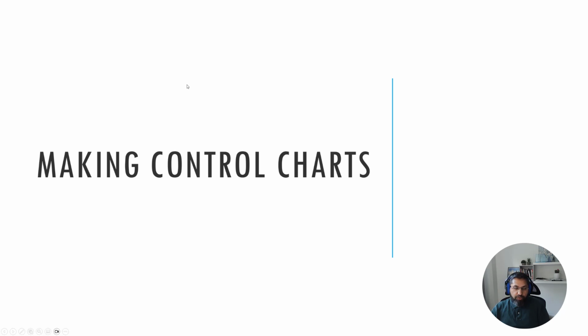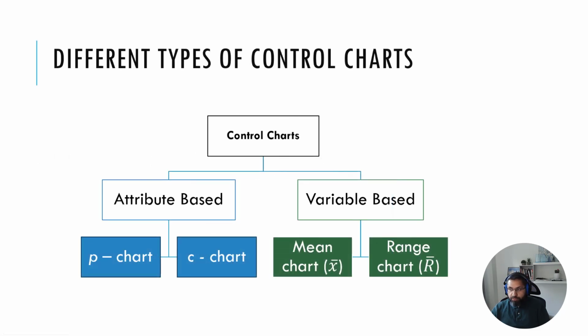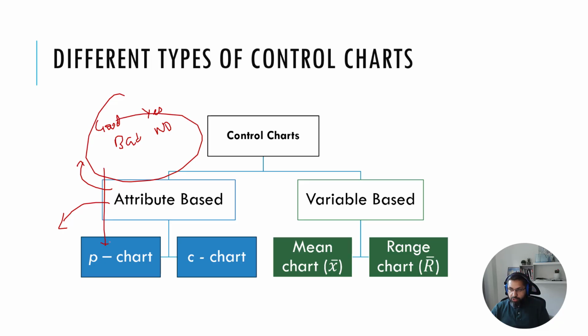So let's look at how we're going to create these control charts. We're going to look at two types of control charts. First, control charts that are based on some attribute of the product. You take the whole product and say, is it good or bad, yes or no? Does it pass my quality check, or does it not pass my quality check? That is a P chart.